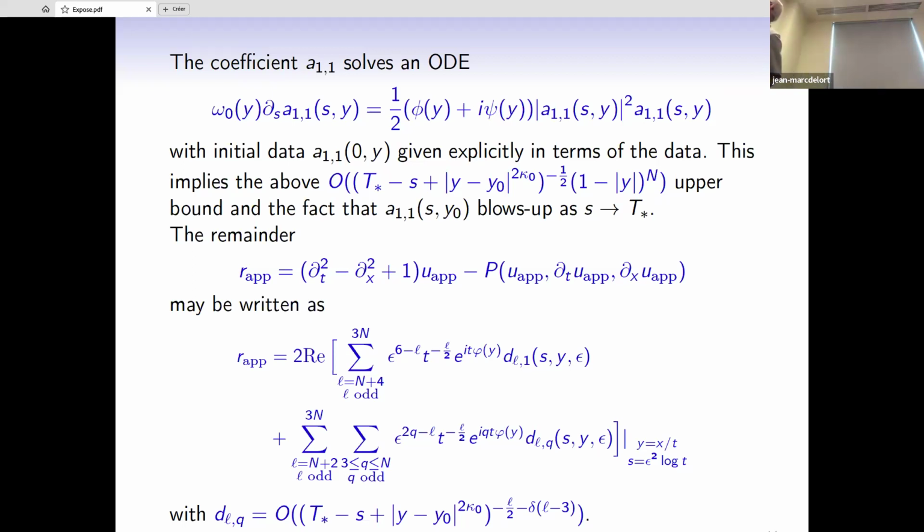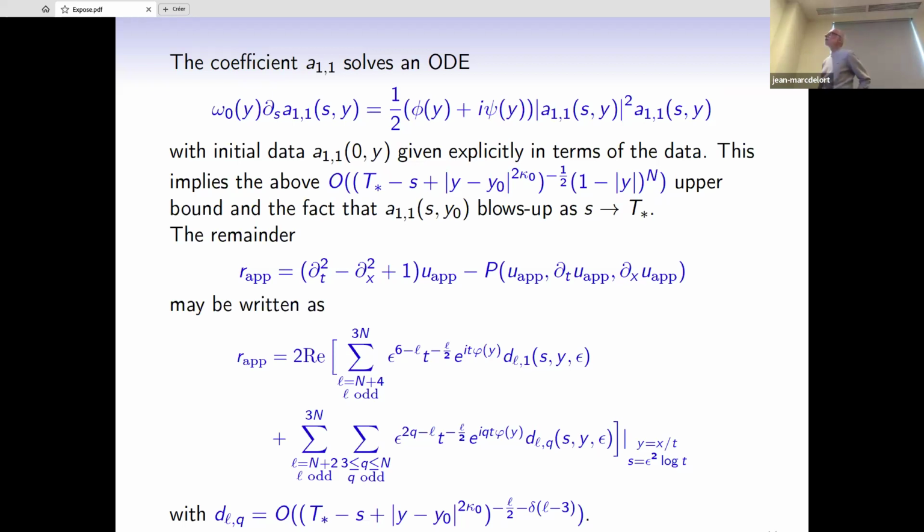So when phi is identically zero, this complex number is purely imaginary, and it is easy to see that this equation has global solutions, and that these global solutions are bounded if you take a small initial value. On the other hand, if phi is not identically zero, then the solution of this equation blows up in finite time.